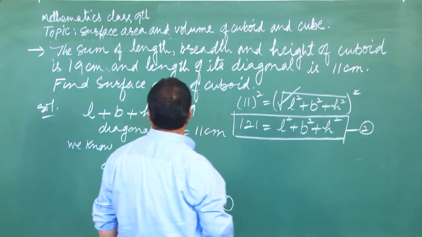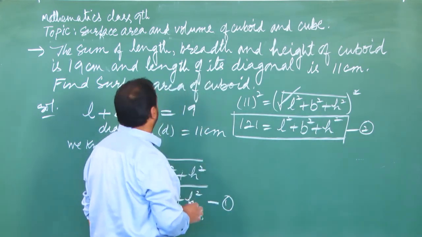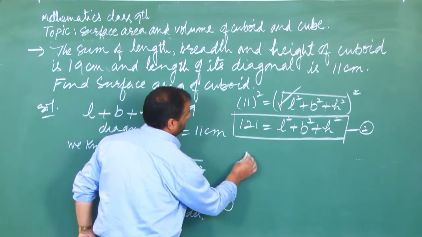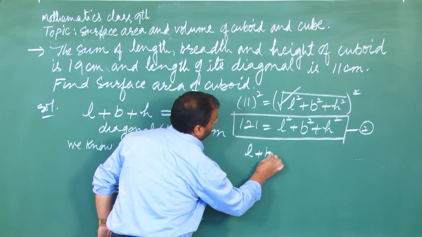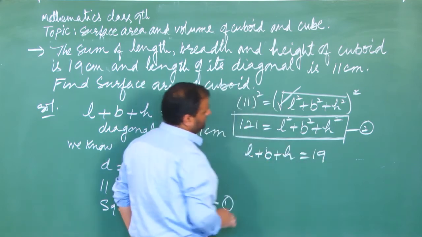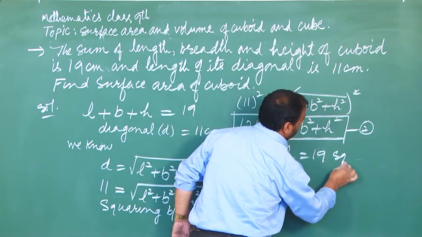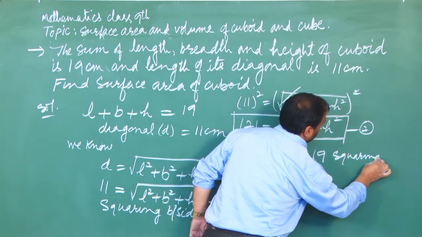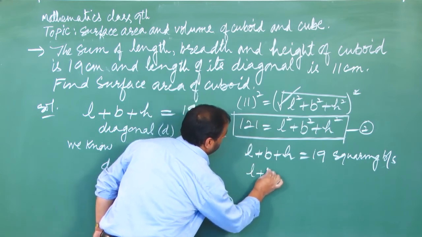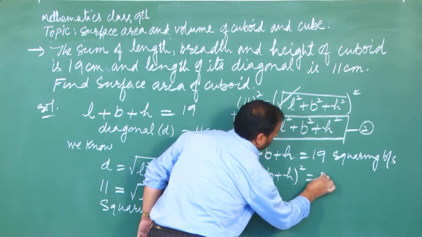Now again, the sum of length, breadth and height of a cuboid is equal to 19 centimeter. Squaring both sides, it's length plus breadth plus height whole square equal to 19 square.